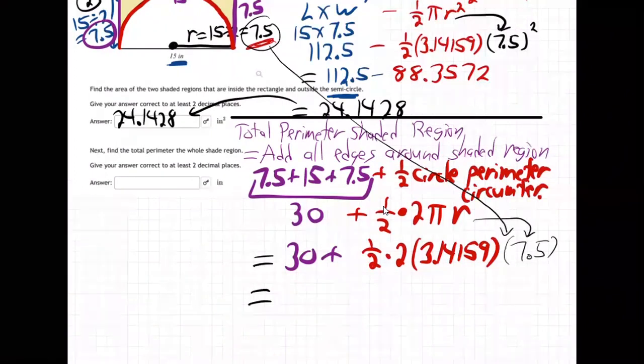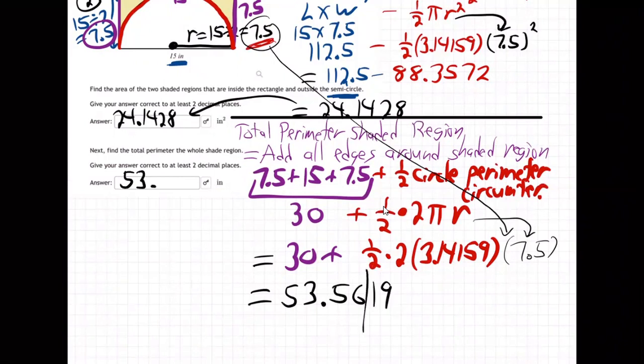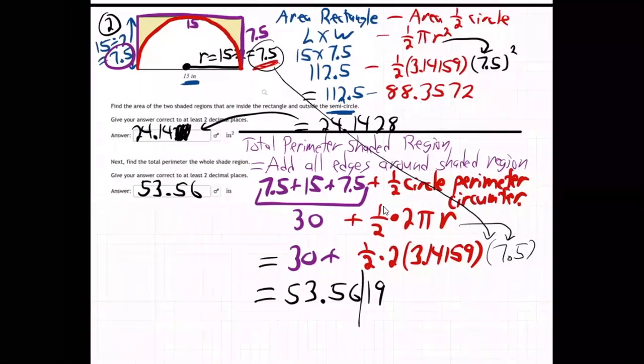And so I'm getting 53.5619. Oh, 2 places. So just cut it right there. So 53.56. The last one, they only wanted 2 places also, right? So I'll chop off those. And so there we go.